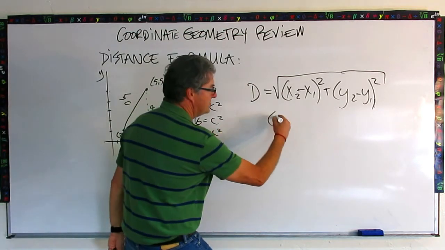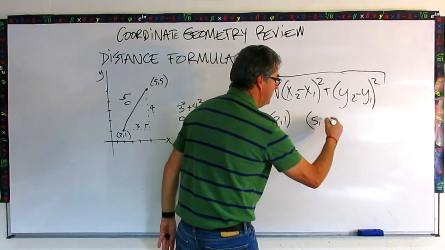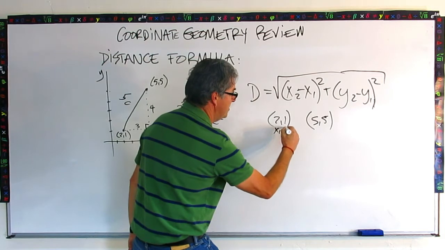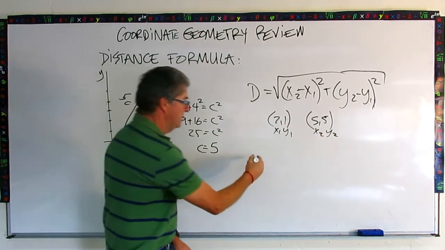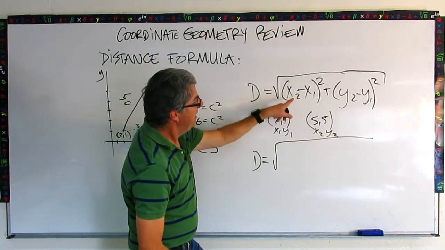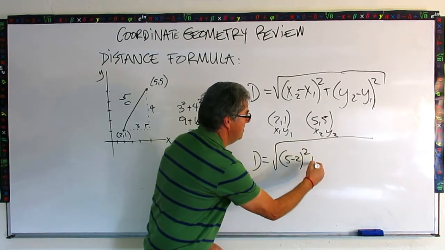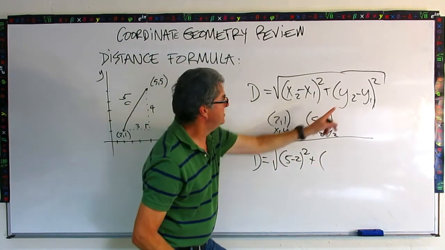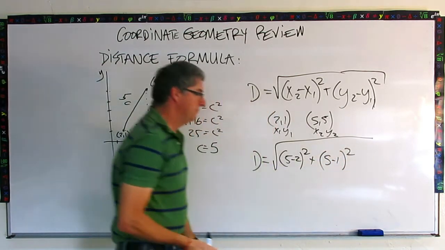So let's use these same 2 points and use the formula this time. So we have the points 2, 1, and the point 5, 5. I do my x1, y1, x2, y2, just so I don't get confused. My distance is going to be the square root of x2, 5 minus 2 squared, plus y2, which is also 5 minus 1 squared.